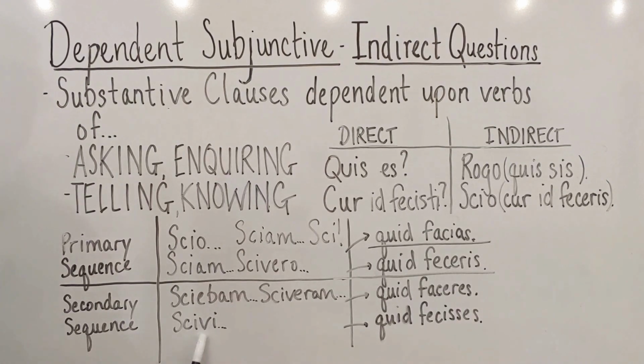So, scivi, I knew, quid faceres, what you were doing at the same time as when I found out about it in the past, or I knew what you had already done prior to me finding out about it.